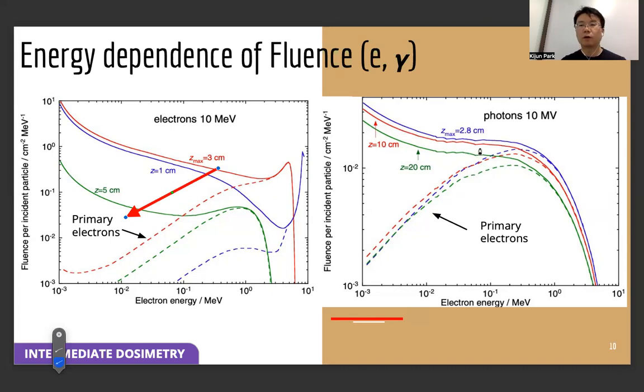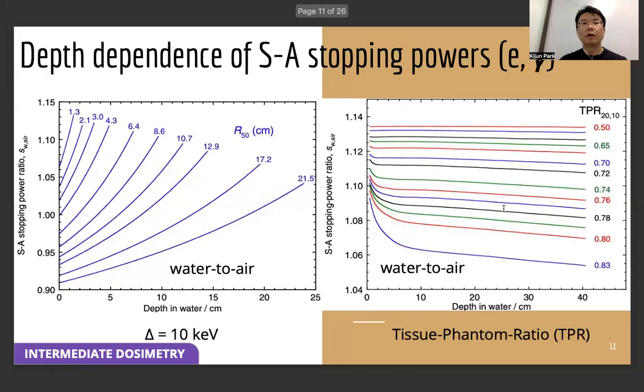However, the photon shows a very similar pattern of fluence distributions even at different depths, and the energy dependence is similar. Another example is the depth dependence of stopping power for the electron and photon comparison here, the left side for the photon and the right side for the electron.